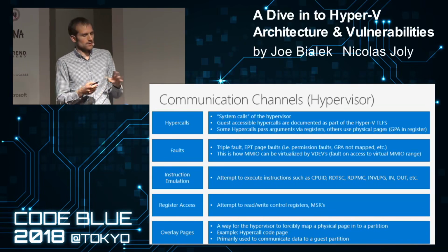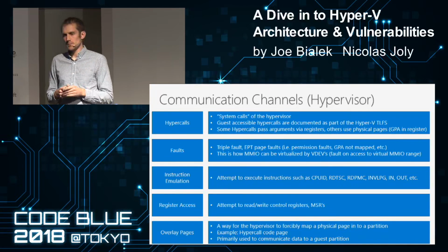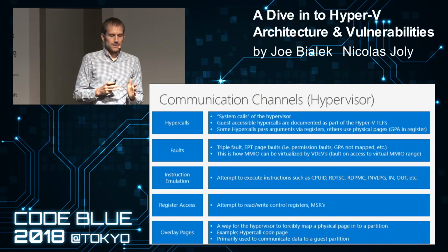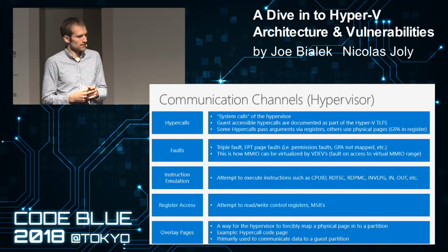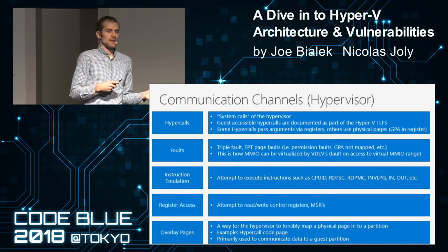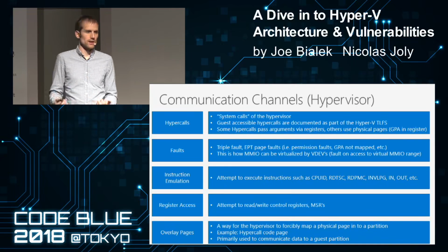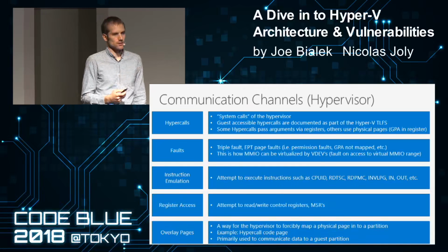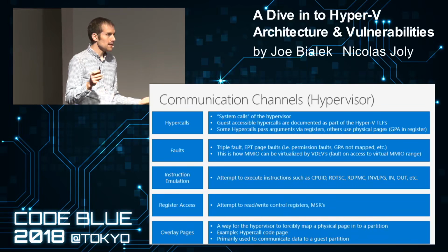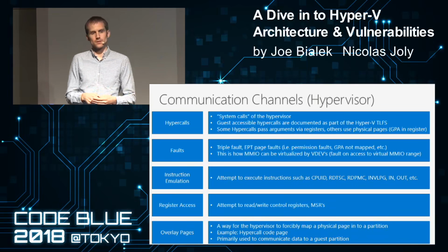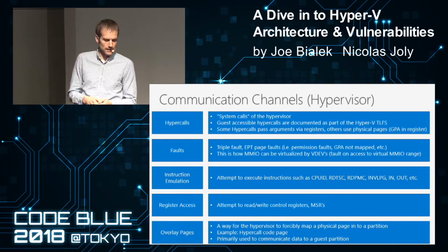The next, there's a number of other ways that you can indirectly communicate with the hypervisor. They're not the best attack surface, in my opinion. It's things like faults. If you have a triple fault in your virtual machine and it's about to crash, the hypervisor will intercept that triple fault and can do things. If you have an extended page table fault, the hypervisor will receive a trap and will decide what to do about that.